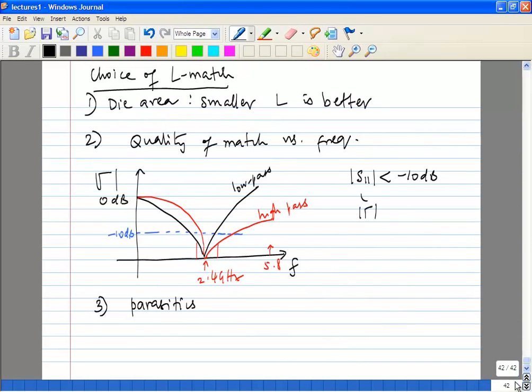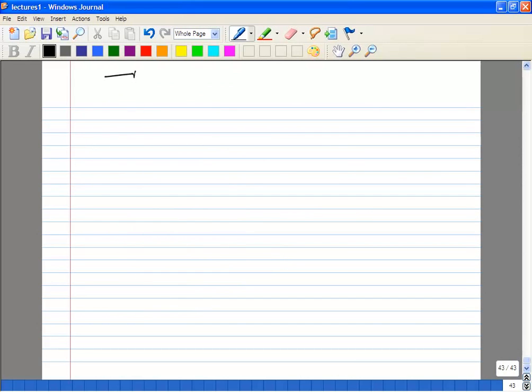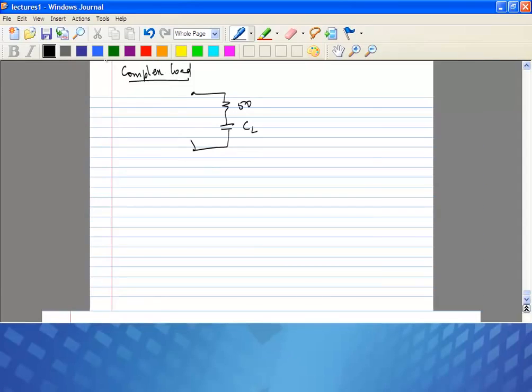And I guess one last thing, we have a couple of minutes, so we'll quickly go through it: how would you match to a complex load? The way you would match to a complex load is, you have 50 ohms and let's say you have some capacitance CL.